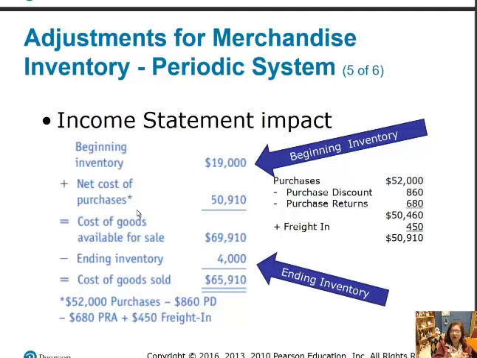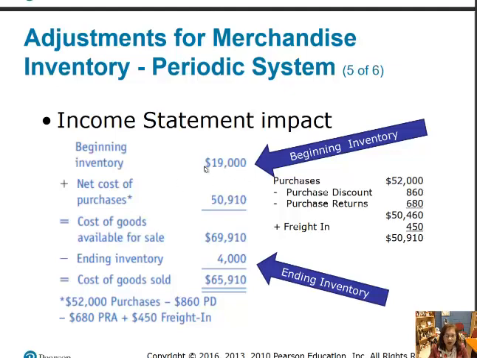So we're looking at our purchases, whether we provided discounts, how much we had as far as returns, how much we had as far as freight in. This is where it shows us the amount right here.